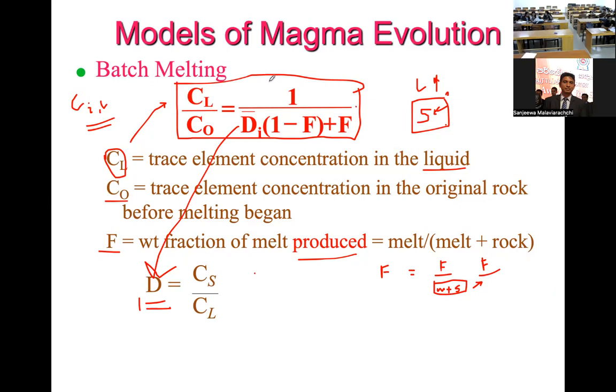Suppose that we are trying to make a plot to see the variation of this ratio CL divided by CO. That means the concentration of an element in the liquid divided by the concentration of that element within the original solid.